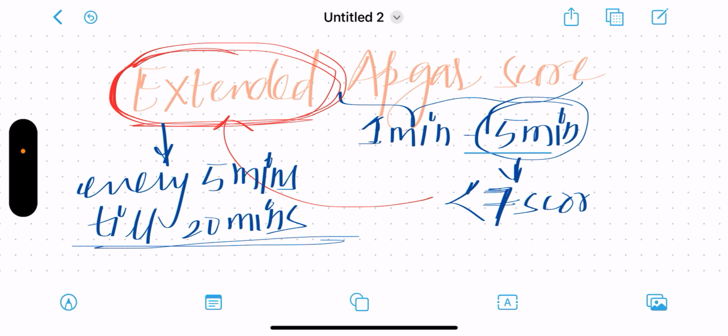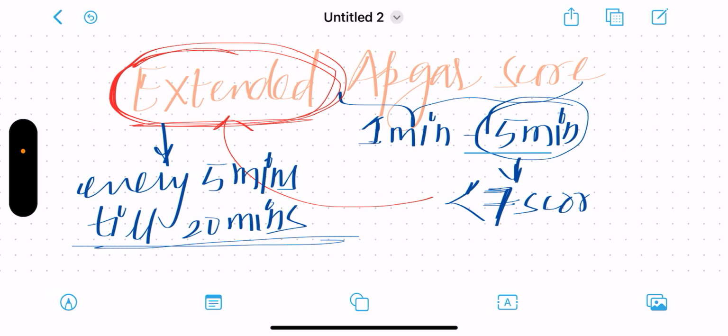Now, what does this APGAR score or extended APGAR score show us? The serial scores will help us know how well the neonate is responding to the resuscitation effort. If the child is responding well and the newborn's condition is improving, the score will keep on increasing.